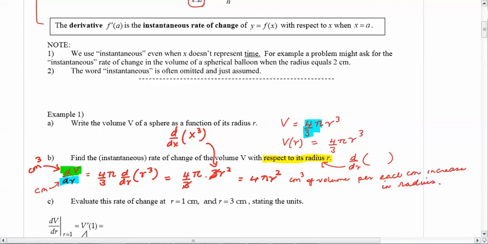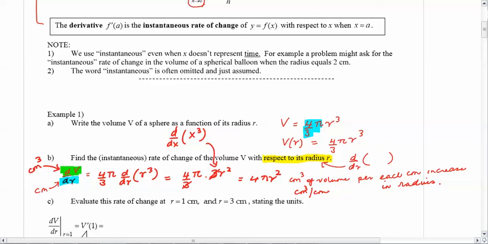All right, and we can write that as cubic centimeters per centimeter, but don't try and cancel that to square centimeters, because it doesn't have a lot of meaning. It really is that many cubic centimeters of volume for every centimeter increase in radius.